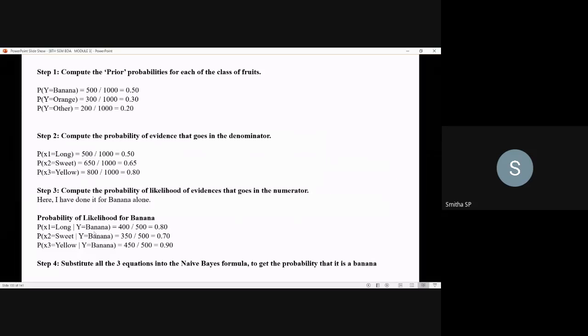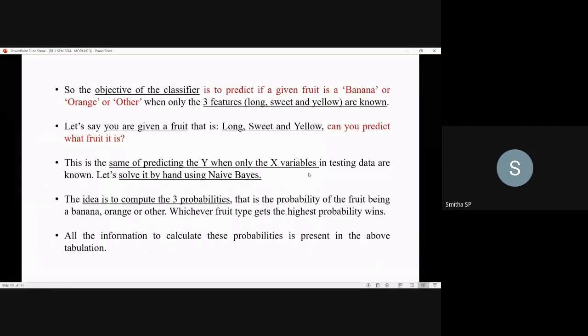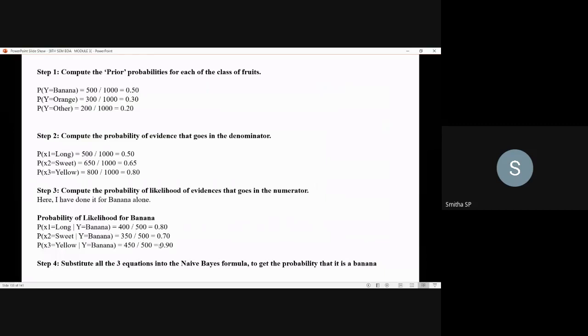Similarly, for the next feature, sweet. If the fruit you are having is sweet, what is the probability of likelihood that it is a banana? The count they have given here for the sweet feature is 350. So for banana, the value they have given in the tabulation for the feature sweet is 350. 350 divided by the total count of bananas, that is 500. 350 by 500 is equal to 0.70.